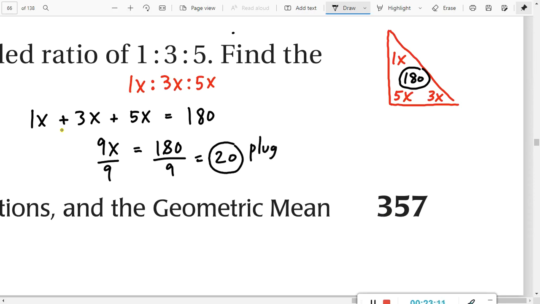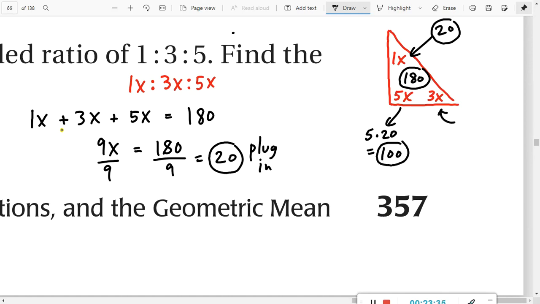Okay, how do you find each angle now? You plug it in. All right, so the 1x is just 20, and the 5x is going to be 5 times 20, which is 100.